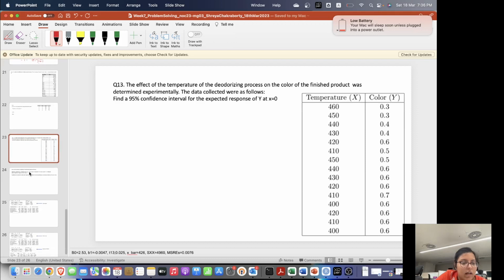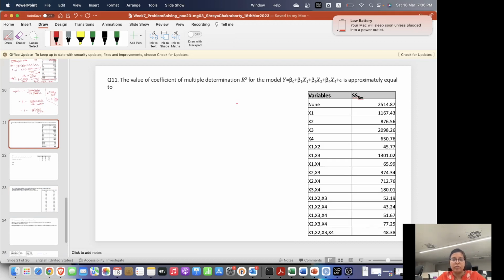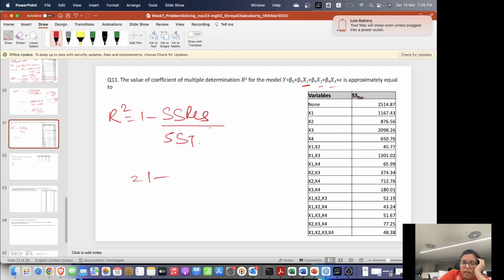Alright, so then I'll move on to the next one. So similar sort of question, what is the coefficient of multiple determination for this model x1, x2 and x4? Similarly, R square will be 1 minus SS residuals divided by SS total. SS residual for this one is 43.24, divided by total, that is 2514.87.